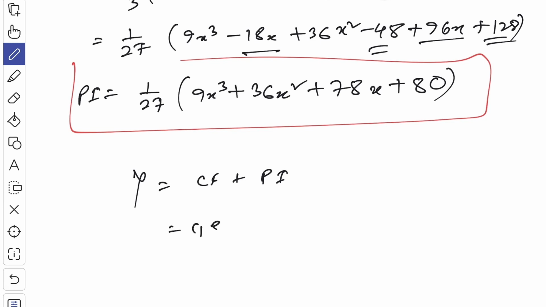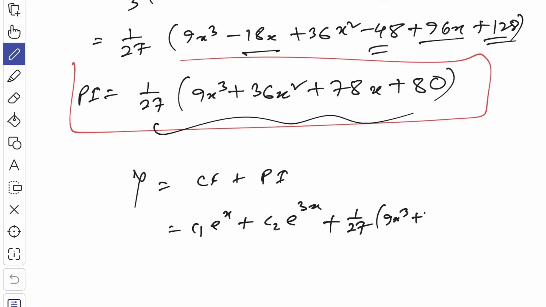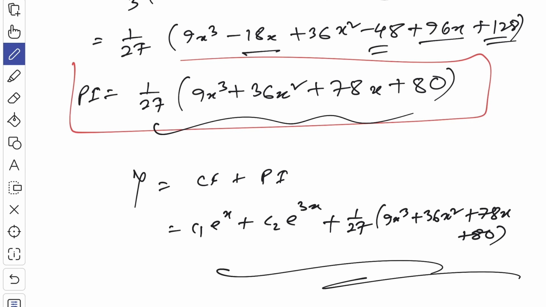Let me put here c1 e to the power x plus c2 e to the power thrice x. That was cf. And pi, we have got this. Let us put here 1 by 27 9x cube plus 36x square plus 78x plus 80. So that is our solution.